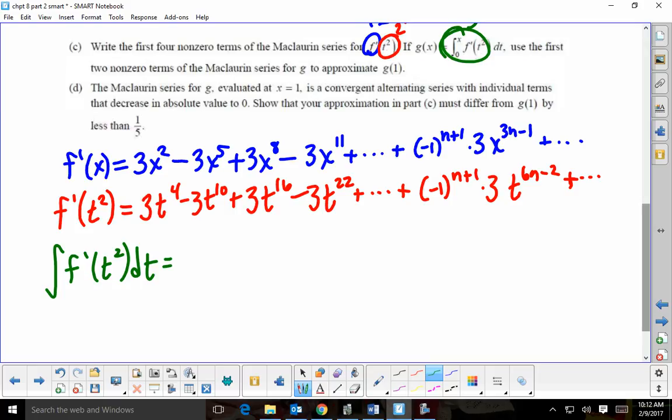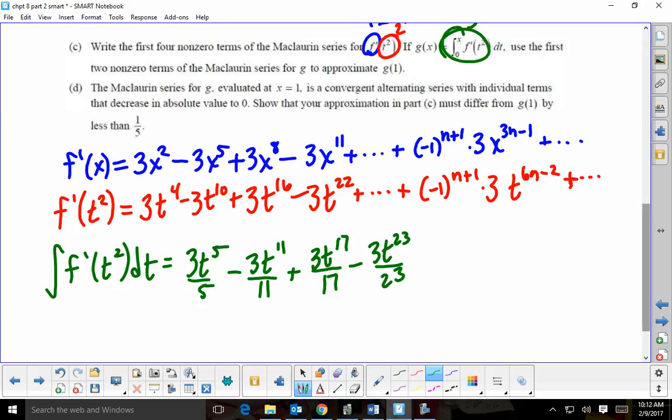Yeah, it doesn't go back to the same thing, does it? We're probably doing more than we definitely have to. It's just wanting the first few terms, but this is good practice. Okay, 3t to the, what did that become?